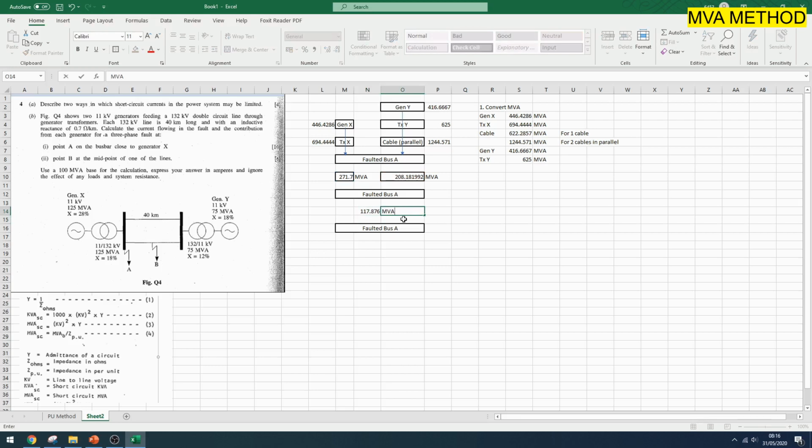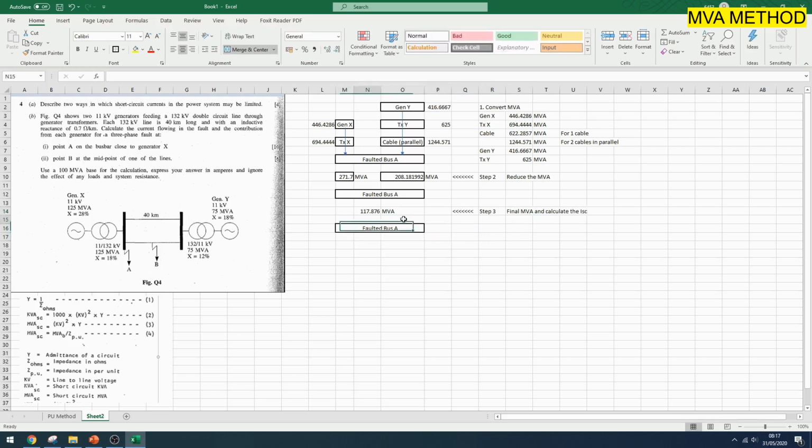So this is what you get, 100 MVA. So this is step 1, you convert to MVA. This is step 2, you reduce the MVA. Step 3, final MVA and calculate the short circuit current.